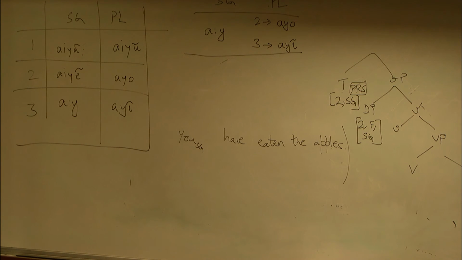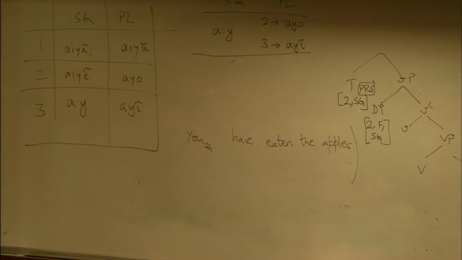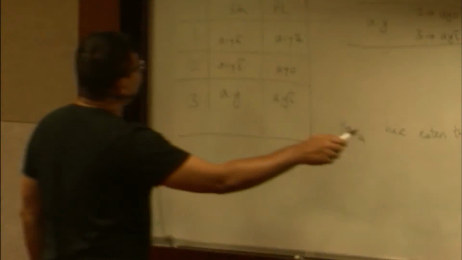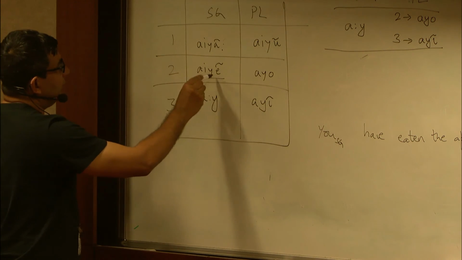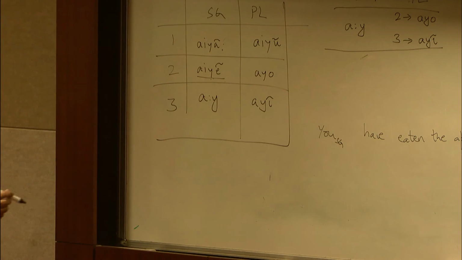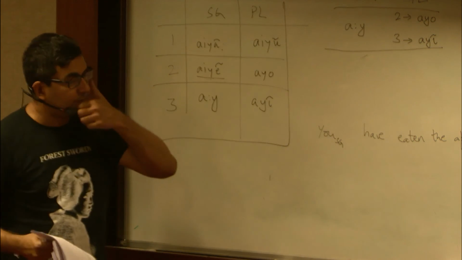Okay, this is the sentence, and there is a puzzle here. All else being the same, we should just look at what we get from here, and we have this nice form. We should just use this nice form. But actually, we don't get this. This is the table, we get this.